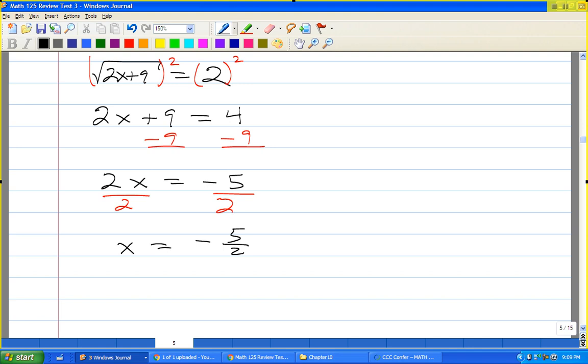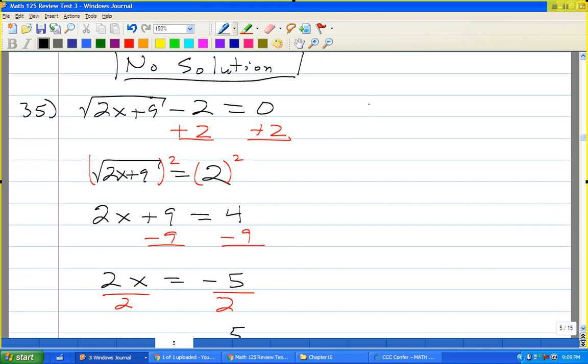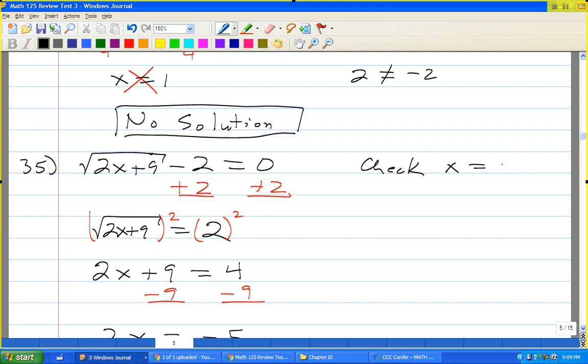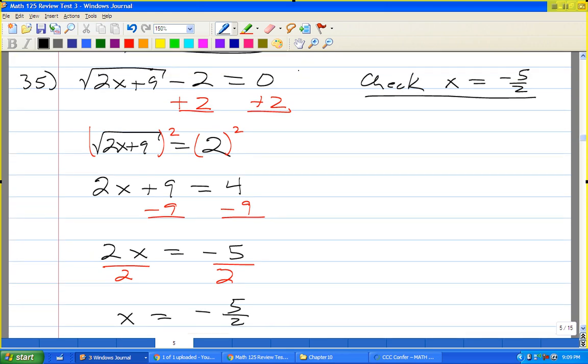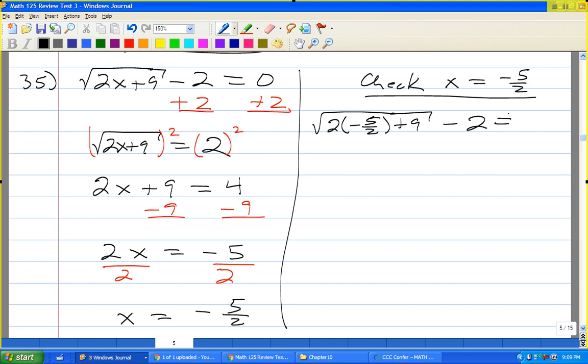Okay, now let's check. If x equals negative 5 halves, and so, maybe I'll put a little line here, is the square root of 2 times negative 5 halves plus 9 minus 2 equal to 0?